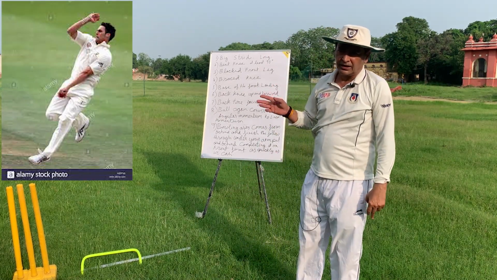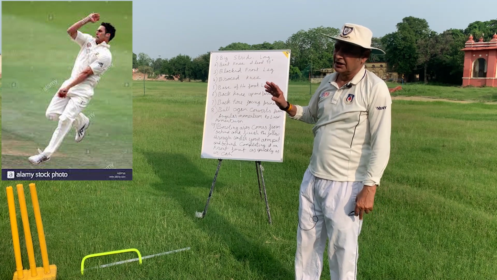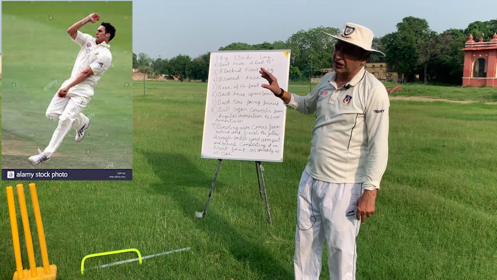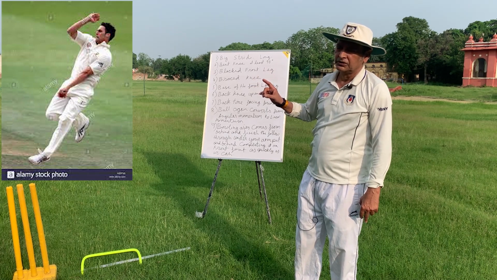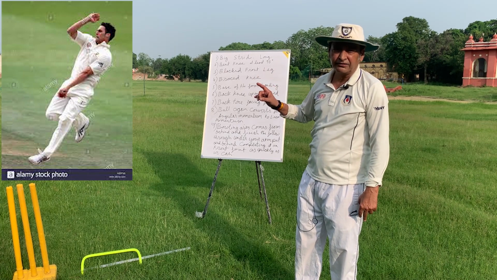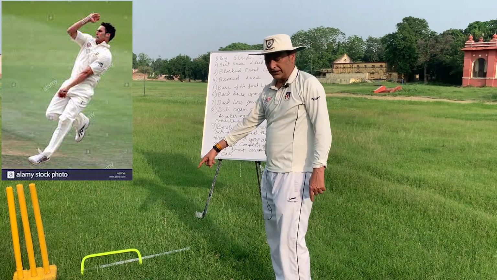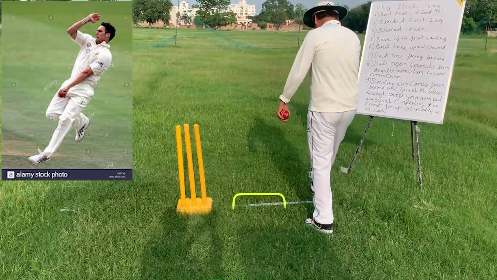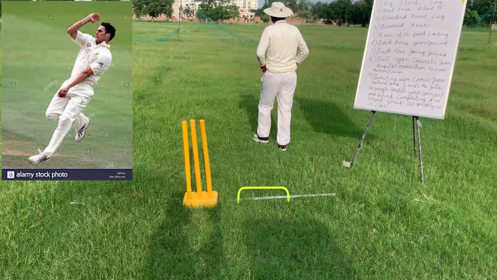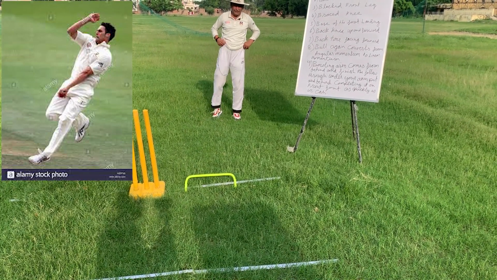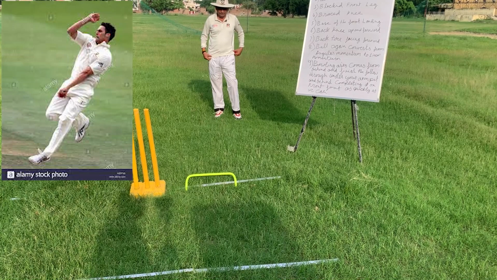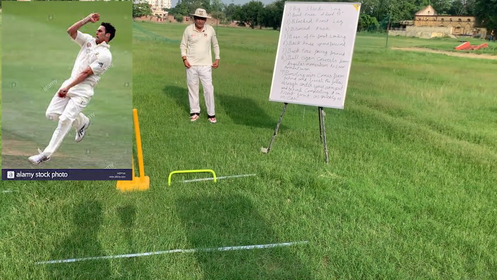Okay, now bring the focus here. We take the run up to generate momentum. Now we come here and we take off to land our back foot as quickly as possible.